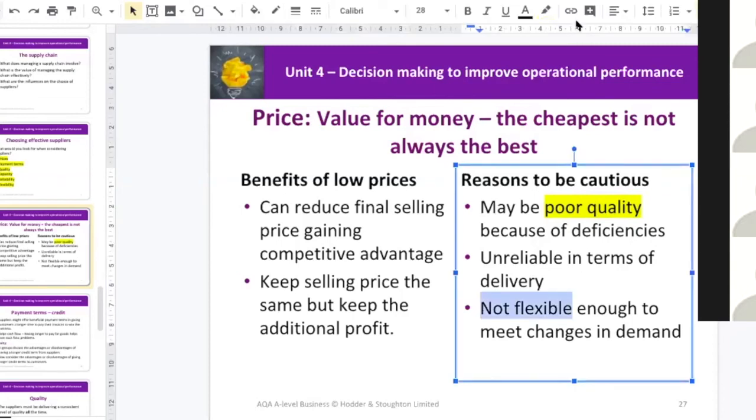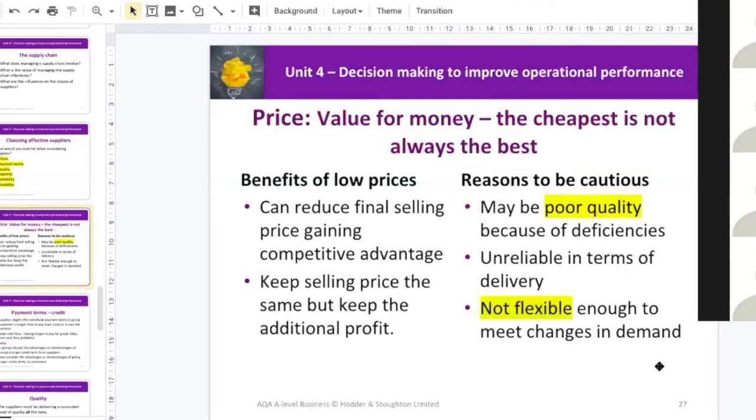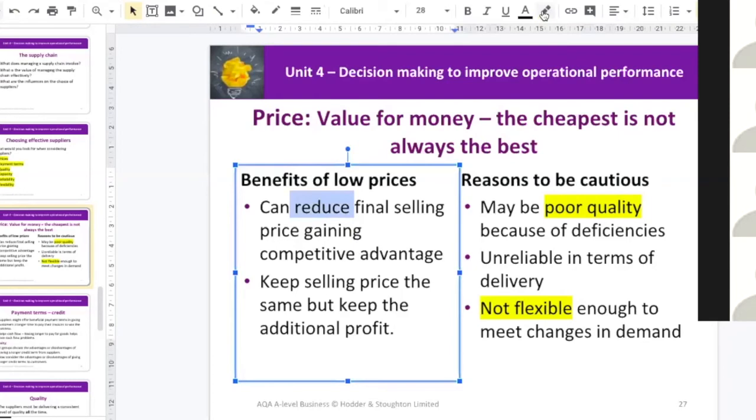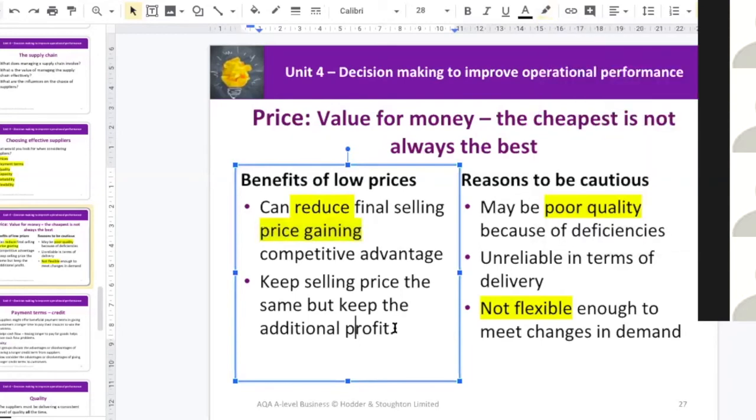Most of the cheaper suppliers, they do not offer any flexibility. If you want to reorder, if you want to order more, reduce order, they cannot do it because they're already cheap. But they also have benefits. Of course, you reduce your price. So you have more profit because your supply is very cheap.